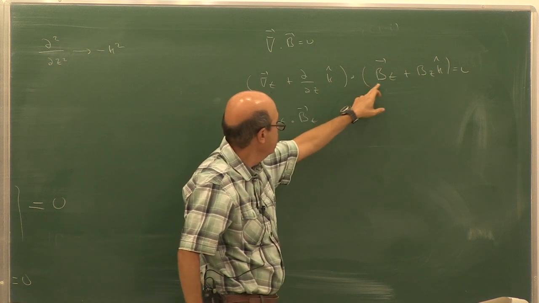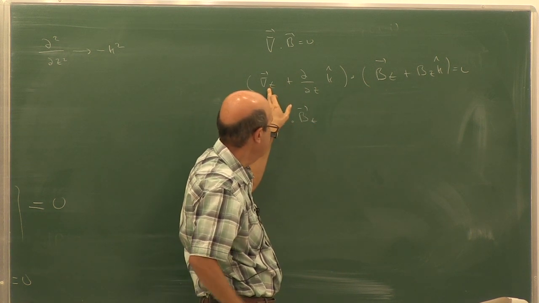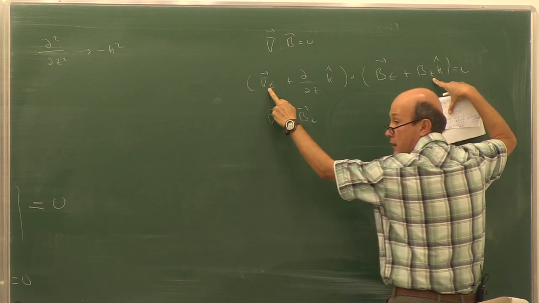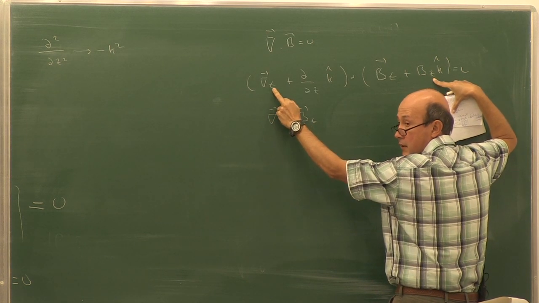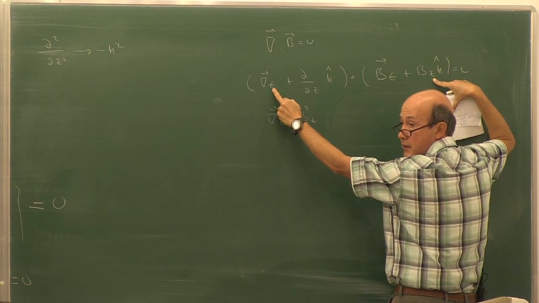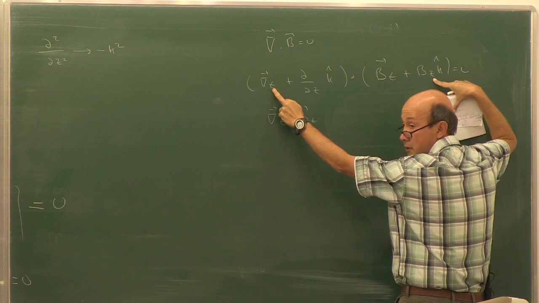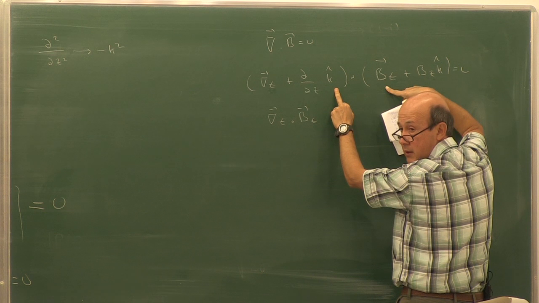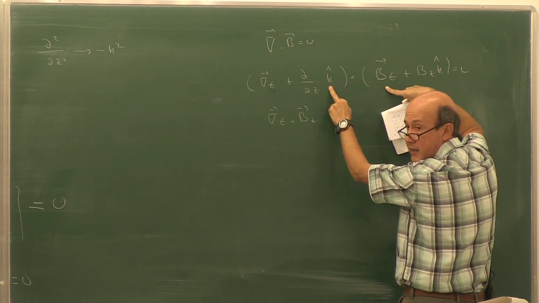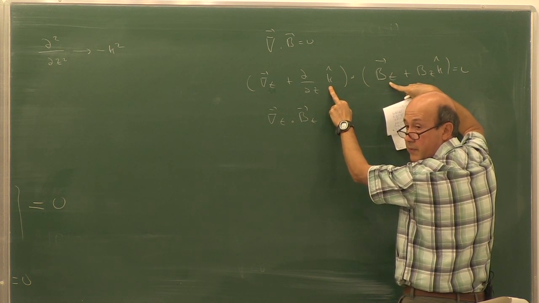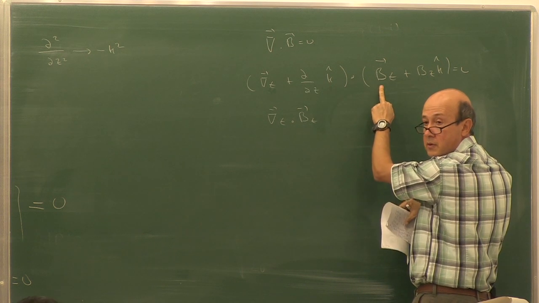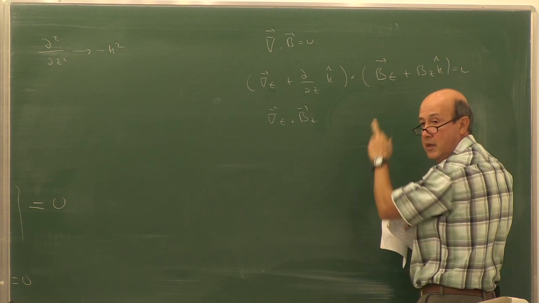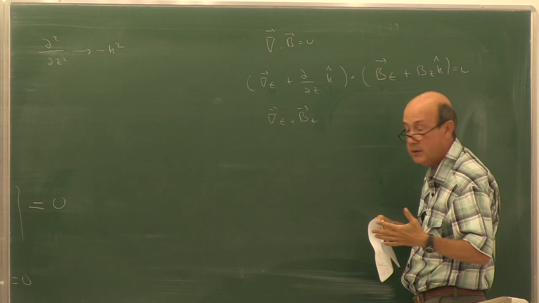If you look at the cross terms, what do you obtain? The transverse gradient is in the xy direction and Bz is along z, so that dot product is 0. Similarly, del over del z k dotted with B transverse, which is along xy, is 0.